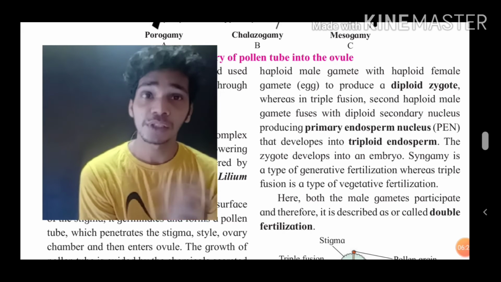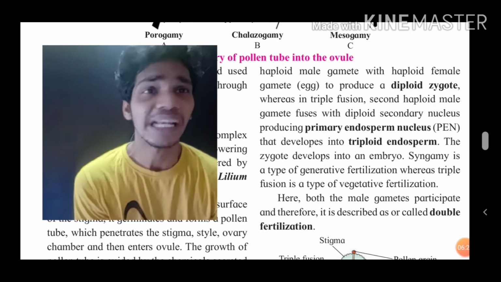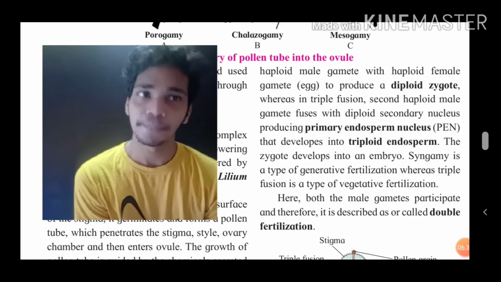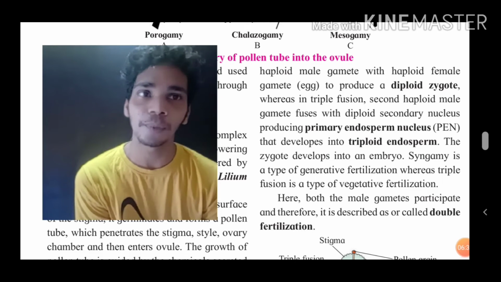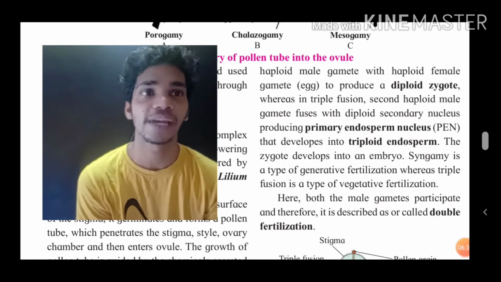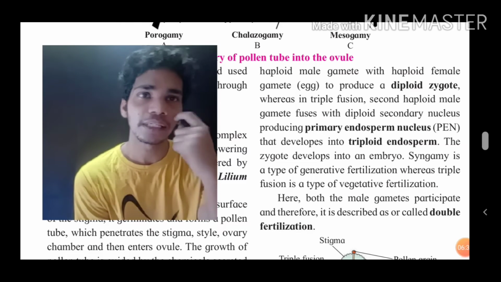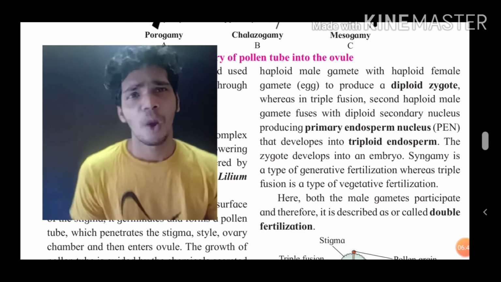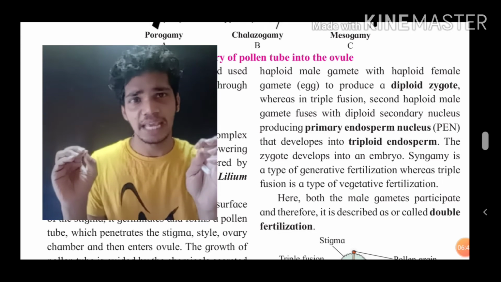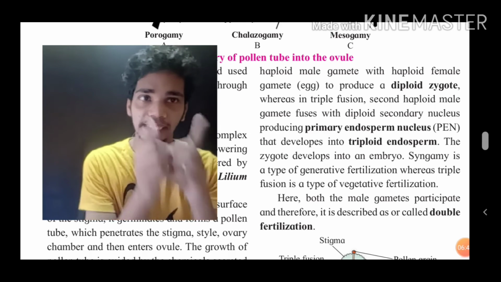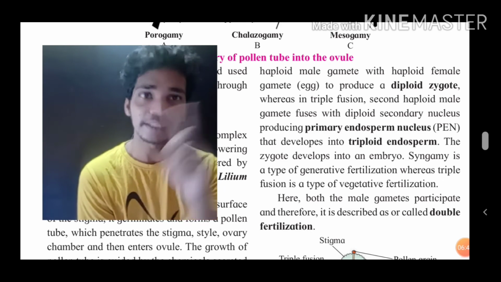Syngamy and triple fusion are the parts of double fertilization. The zygote develops into an embryo. Syngamy is the type of generative fertilization. When you talk about syngamy, one male gamete reacts with the egg cell to form a zygote. That is called generative fertilization. Seed is going to form.